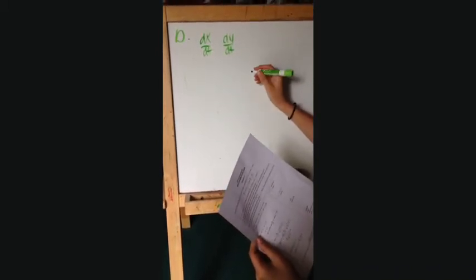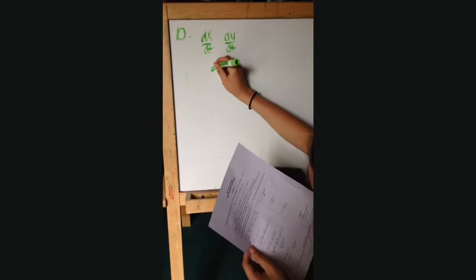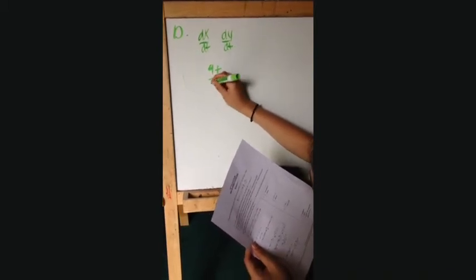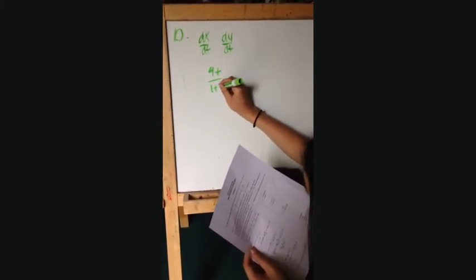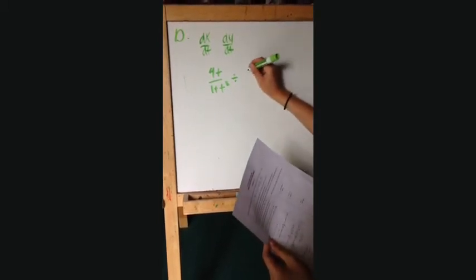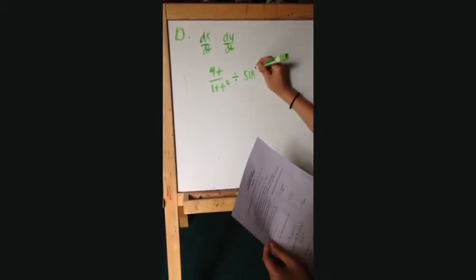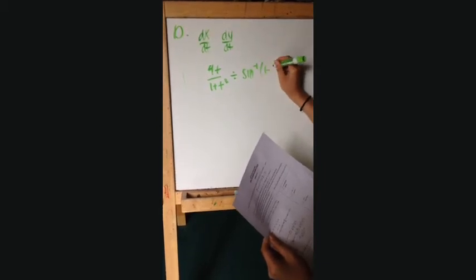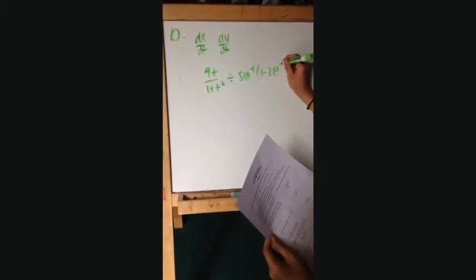So an easy way to do that is to just divide your dy/dt equation by your dx/dt equation. So dy/dt is 4t over 1 plus t to the third divided by arcsine of 1 minus 2e to the negative t.